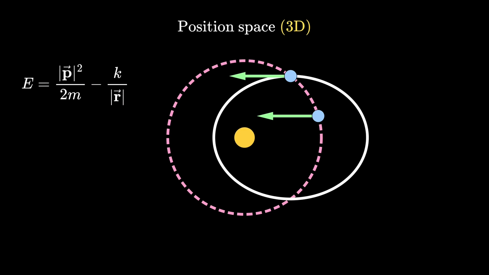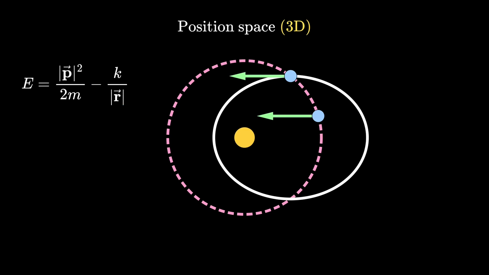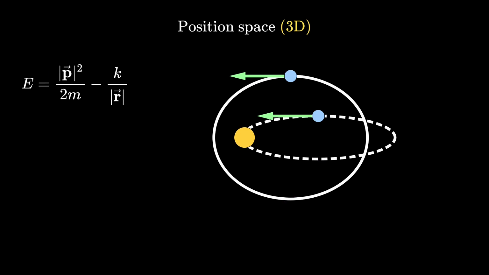While translating across the circle, we chose a point equidistant from the center, so the potential energy term, which depends on distance from the origin, remains unchanged. We also didn't touch the momentum vector, not even its direction, so the kinetic energy also remains unchanged. Overall, energy hasn't changed, and the resulting orbit should have the same energy as before.